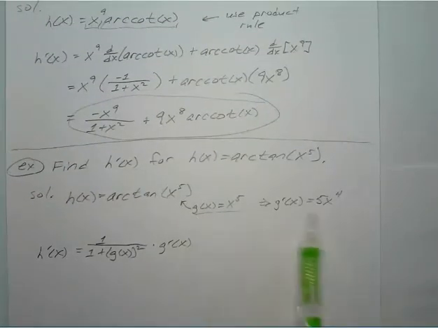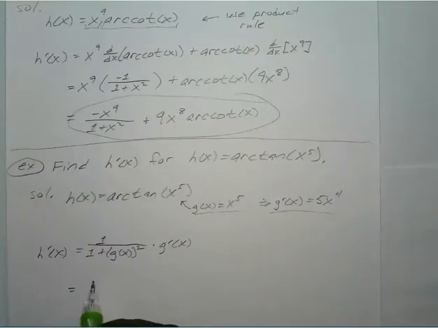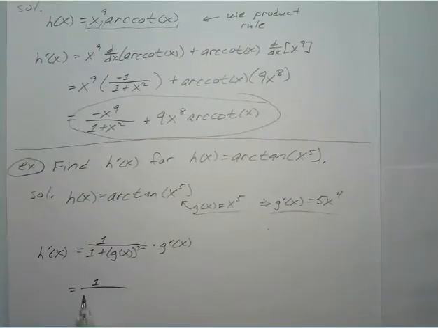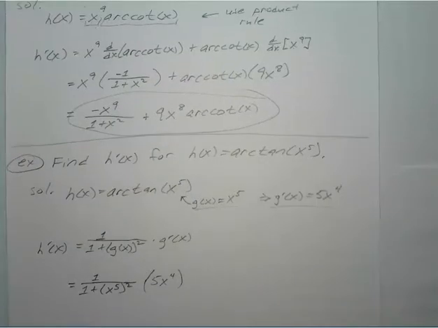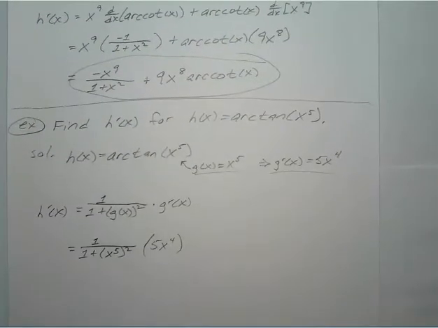We already have our function of x and that derivative, so we just plug it in. We have 1 over 1 plus x to the fifth power squared times, and I'll use the parentheses, g prime of x, which is 5x to the fourth power. Simplifying that, just move that up top, so you have 5x to the fourth power over 1 plus x to the 10th power.